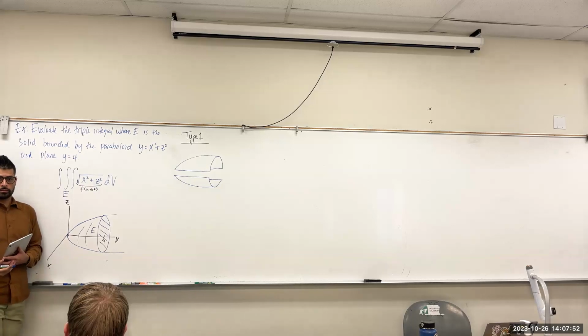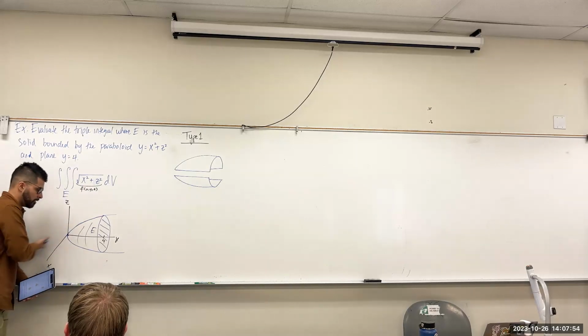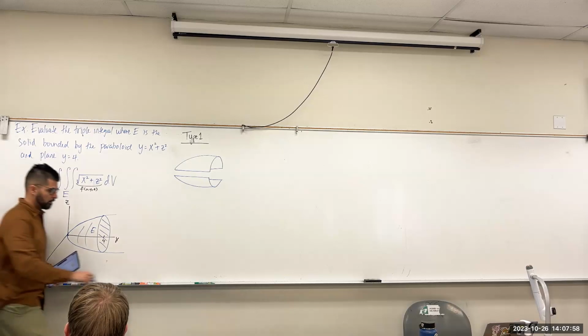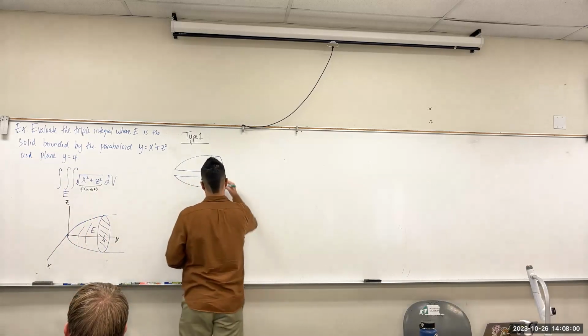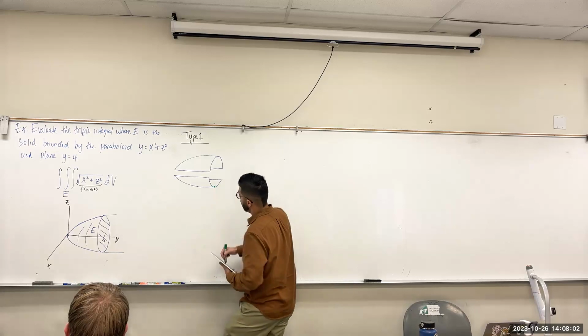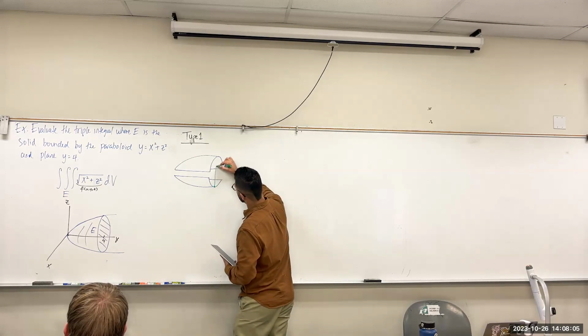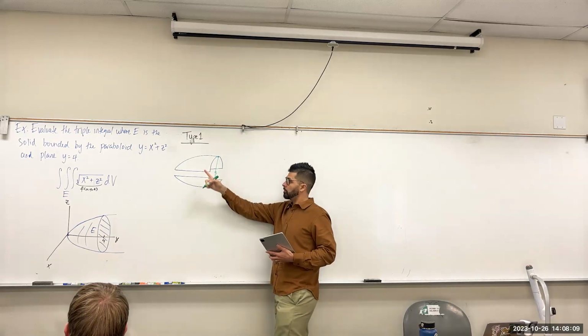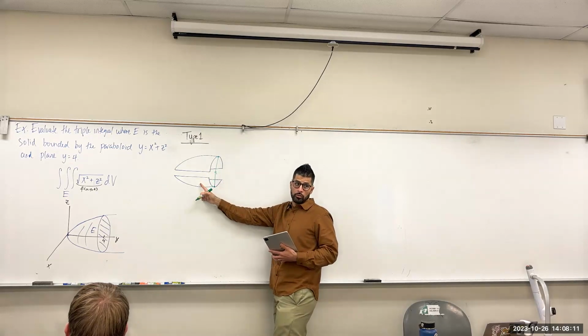Can you see that? I slice it on the xy plane, and then I get the top part and the bottom part. That means that when I poke it up, z is going to be bounded above by this surface and bounded below by the bottom part of the paraboloid surface.